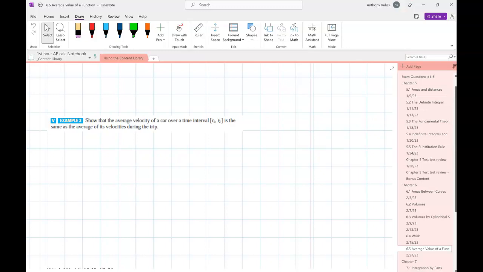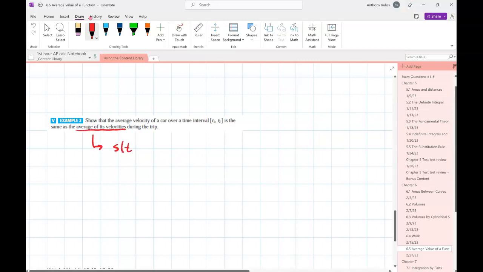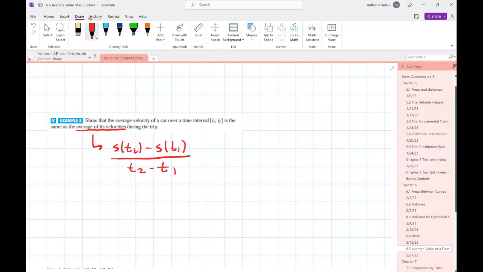So here it says, show that the average velocity of a car over the time interval t1 to t2 is the same as the average of its velocities during the trip. So that's saying that the average of its velocities would be like, right?